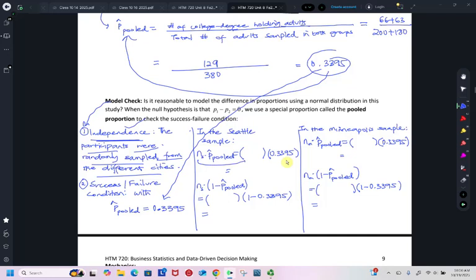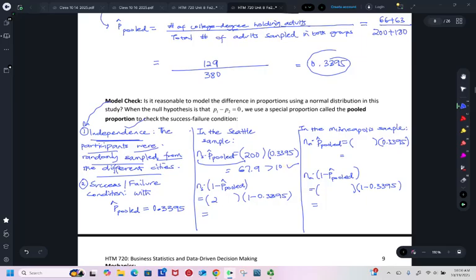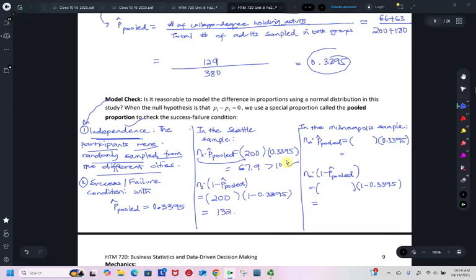There were 200 of them, multiplied by the pooled proportion. That will give a value equal to 67.9, which is greater than 10. We like that. Then again, 200, the same number in the Seattle sample, multiplied by 1 minus 0.3395, that'll give 132.1, which is also greater than 10.